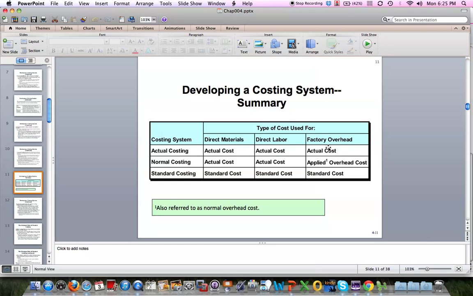Here's where it's different. For overhead, we look at the actual true overhead, and I've talked about what the challenges are for that. For normal, we're looking at the applied overhead cost, what they call normal overhead cost, something that we estimate before the accounting period even begins. And then for standard, of course, we use these standards that we come up with.